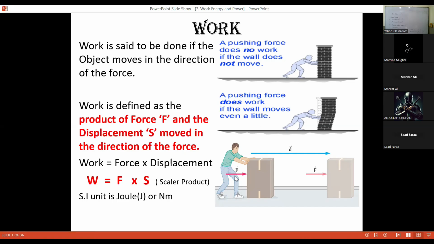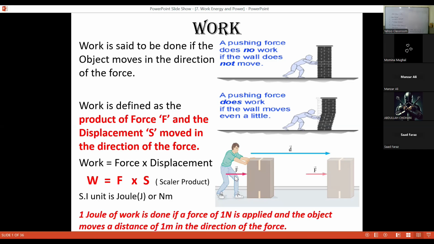The unit is joule. And 1 joule of work is done if a force of 1 Newton moves the object by a distance of 1 meter in the direction of the force. So you must know the definition of work and the definition of joule as well.